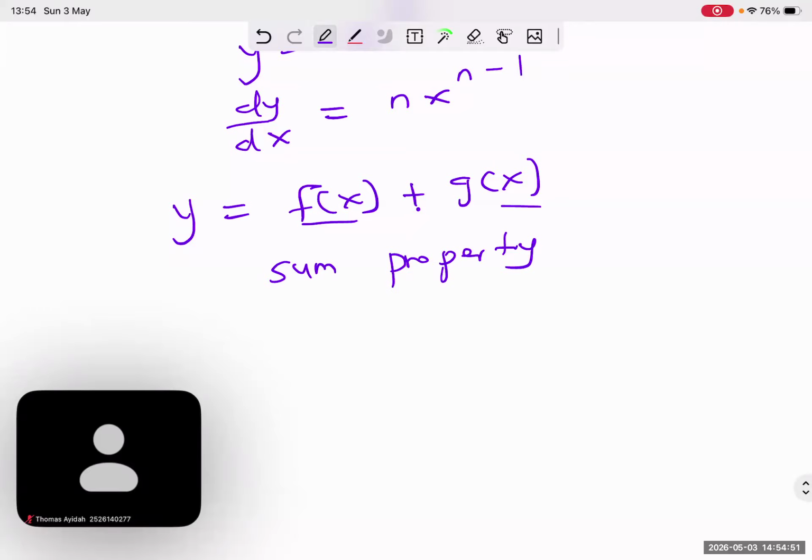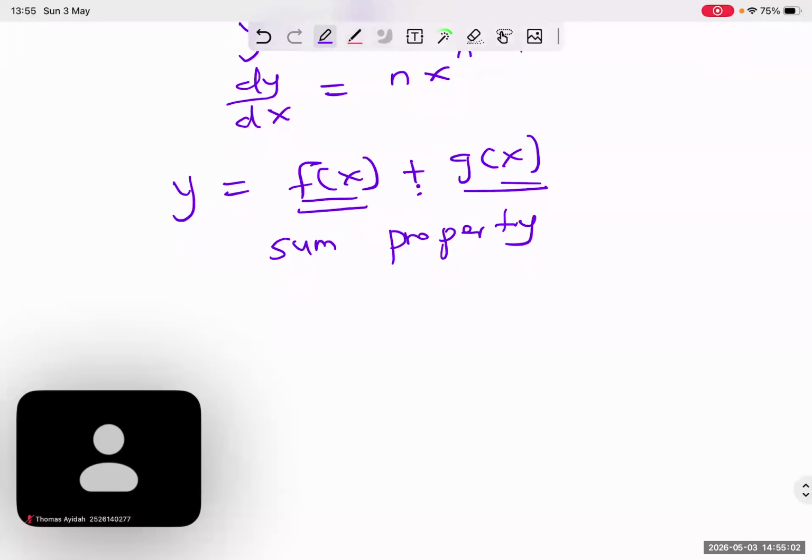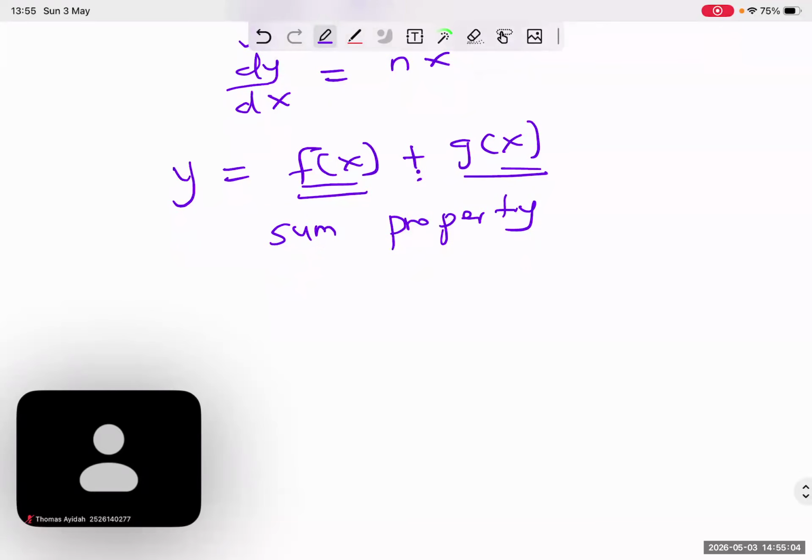It is true that if you want to differentiate y is equal to f of x plus g of x, just differentiate the first function, maintain the operator, and differentiate the second function. This is what is known as the summation property. So for this function, we'll have dy dx is equal to df dx plus dg dx.